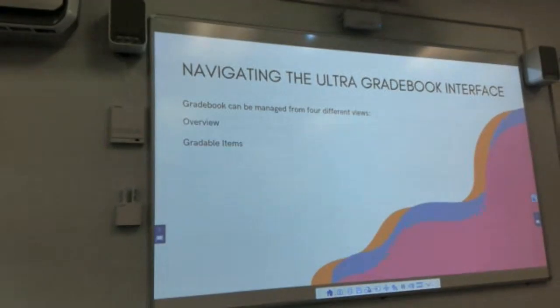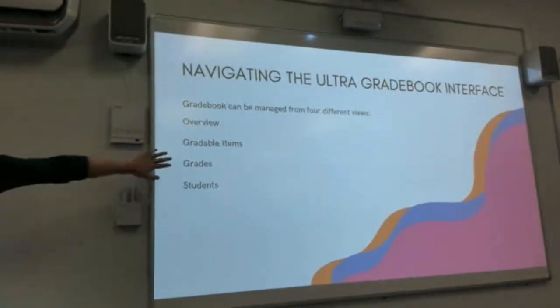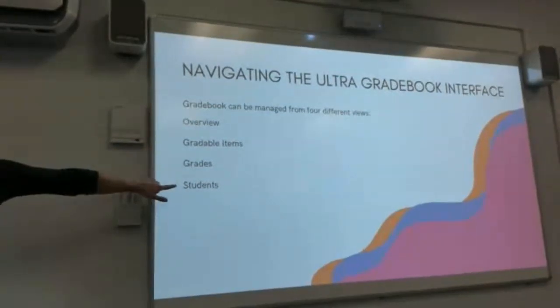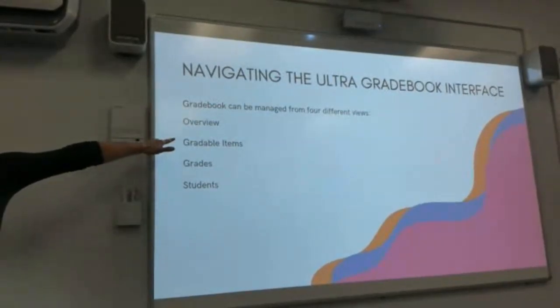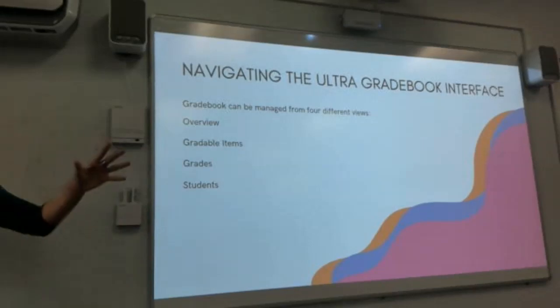Your overview is just in general. Gradable items is your needs grading. That's where you're going to see all your stuff. The grades is that spreadsheet-like interface, and then you have the students. This has the students. This has the material that needs to be graded. And the grades view actually combines the two. So it has the students and the material.